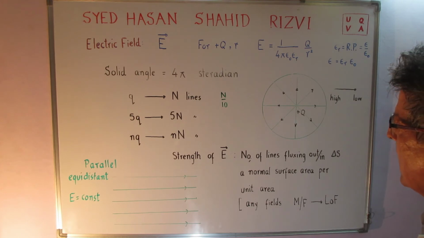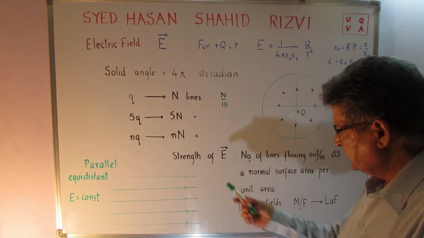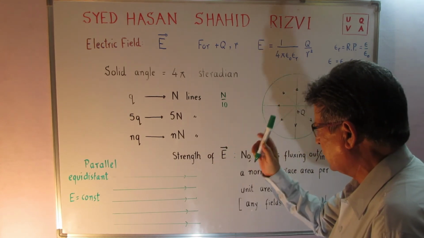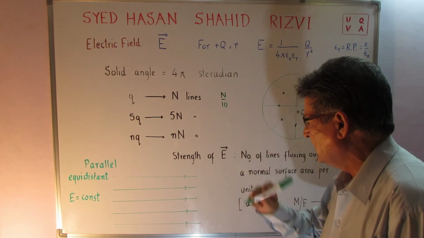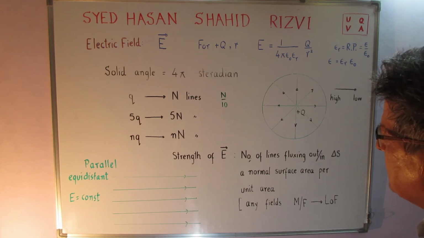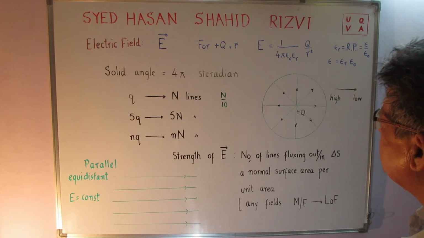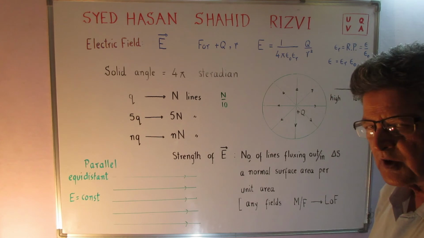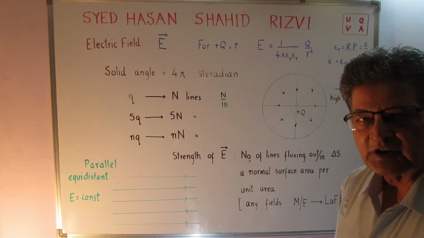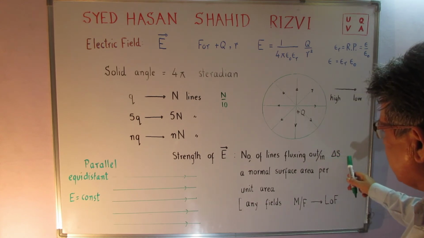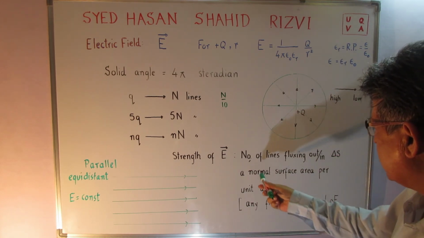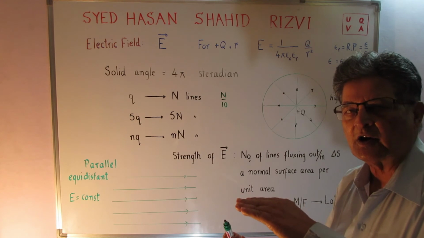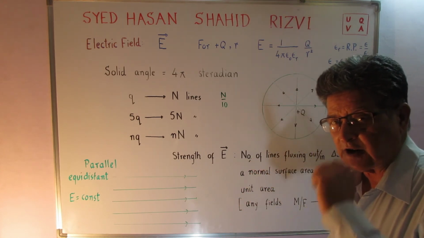Okay. Now here I write, there is another thing about the field lines, and the strength of an electric field, a magnetic field, a gravitational field, this field, that field, can be measured by counting the number of lines fluxing out and fluxing in through delta S, which is a small surface area normal to it, and I told you that the surface area is a vector.